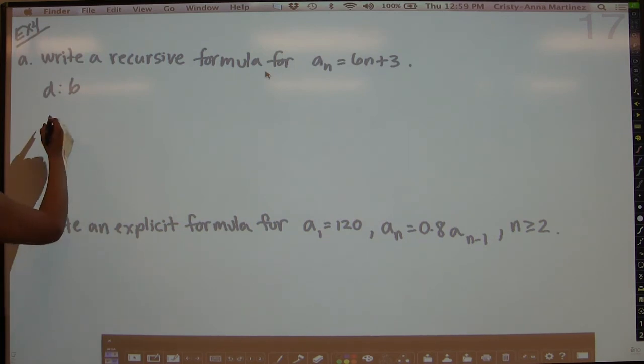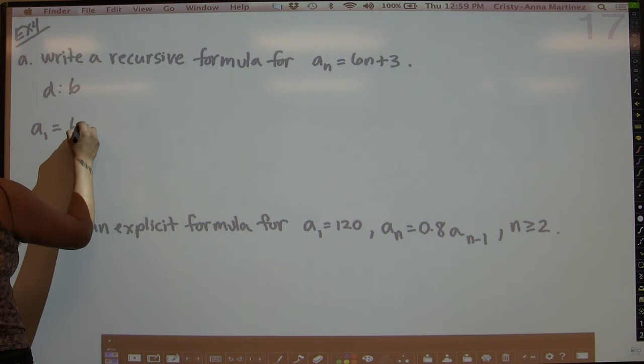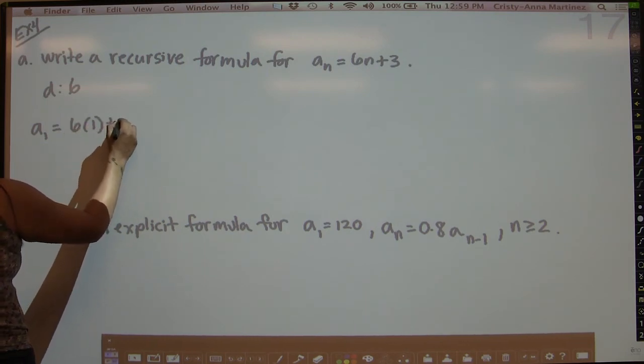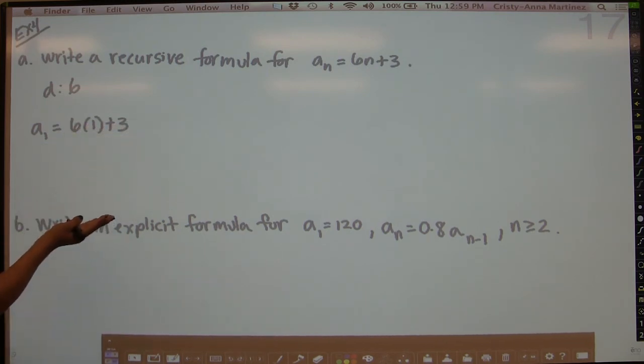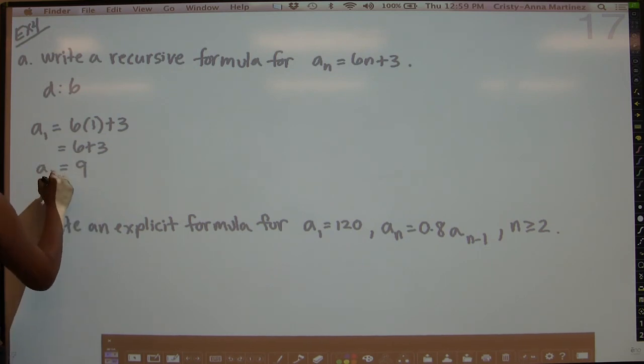And then we could figure out what a sub 1 was, because you have to have that as well. A sub 1 would equal 6 times 1 plus 3. So we would replace the n with a 1, and you would get 6 times 1 plus 3, which would basically equal 6 plus 3, or just 9. So a sub 1 equals 9, and that's all we need for our formula.